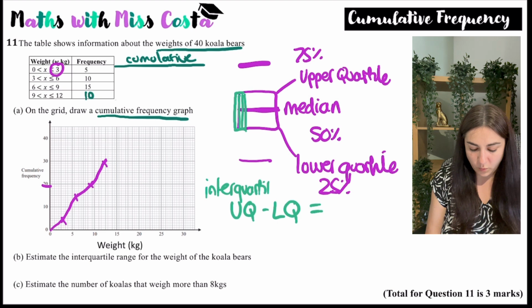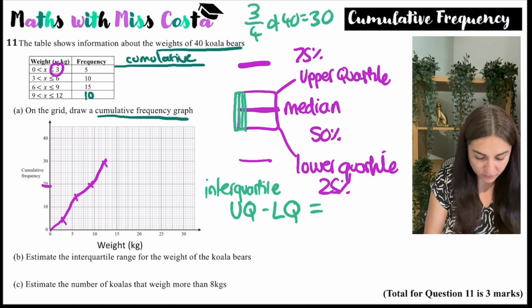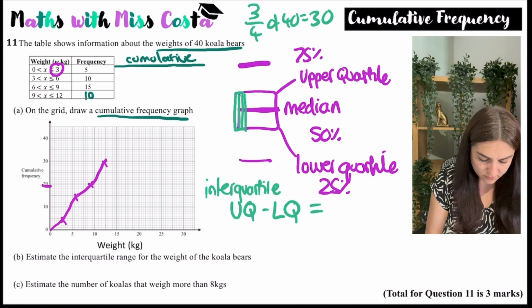So what is 75% of 40? 3/4 of 40 is 30. So I go along to 30. Hold on, something's not right. Oh, I should have plotted it at 40.